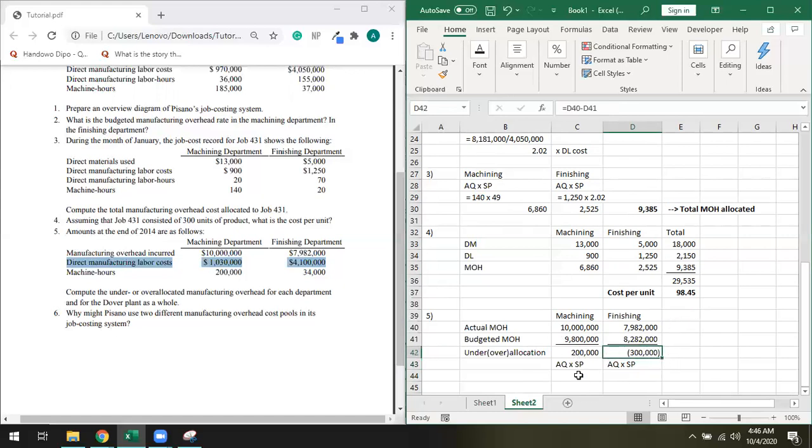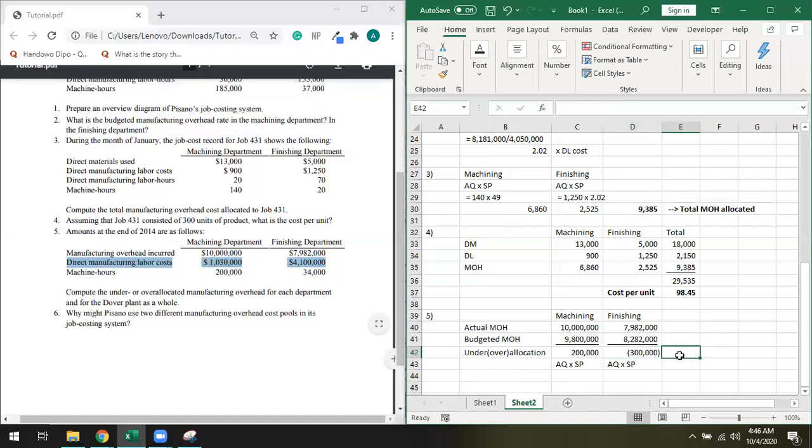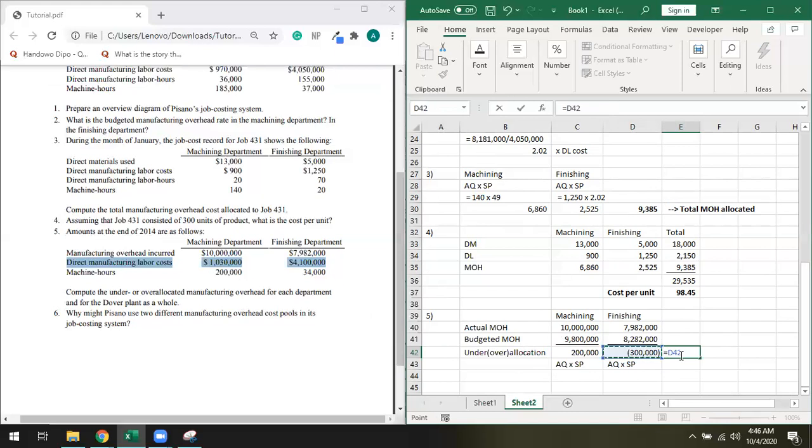Okay, so we know the under and over allocation for each department. Now we have to compute the under or over allocated manufacturing overhead for the Dover plant as a whole. So we just sum up this number, the under allocation for machine department plus the over allocation for finishing department. Okay.